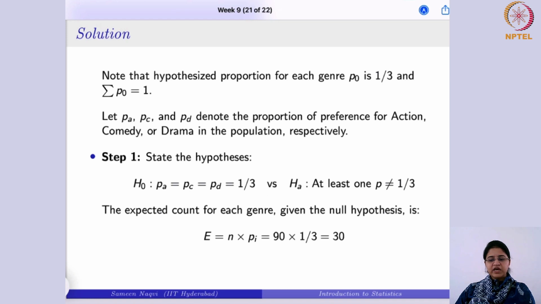Okay, as there is no evidence to prefer any one category, right? Since we are considering that they are the same, they are equally preferable, that is why we consider them as 1 by 3 under the null hypothesis. Each of them has an equal chance of occurrence.